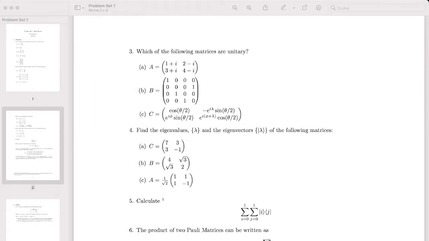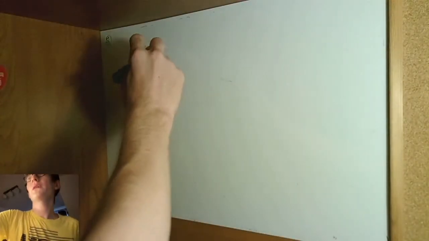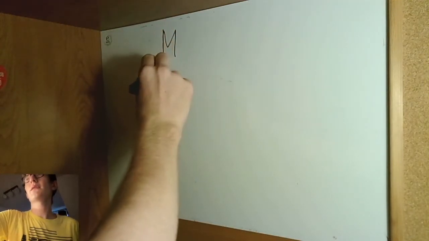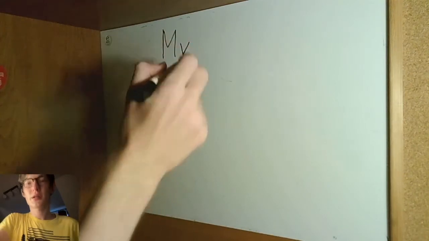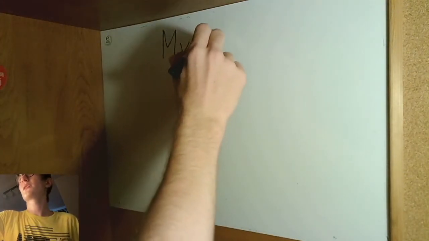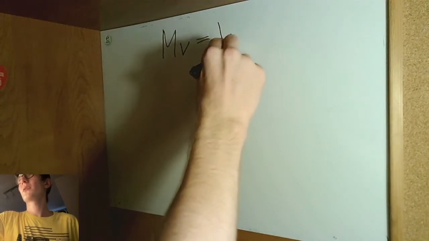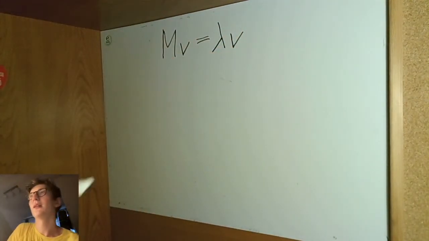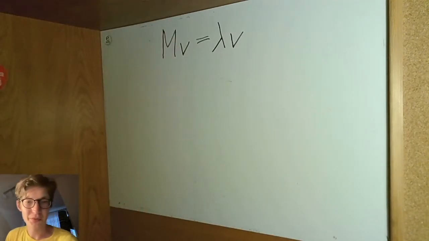In the fourth problem, we want to find eigenvalues and eigenvectors of some matrices. So let's quickly remind what eigenvalues and eigenvectors are. If we have a matrix M and there exists some vector that this matrix scales up by some constant lambda, we call lambda its eigenvalue.